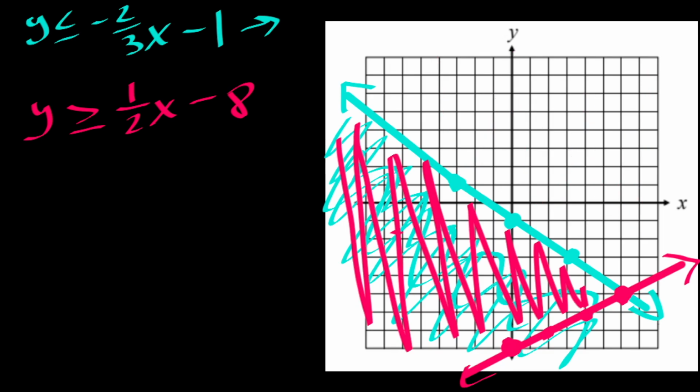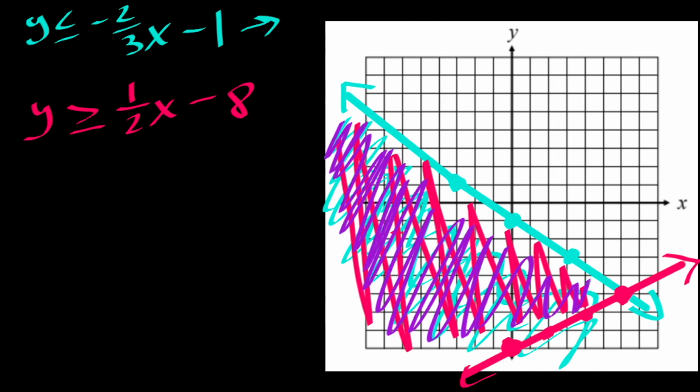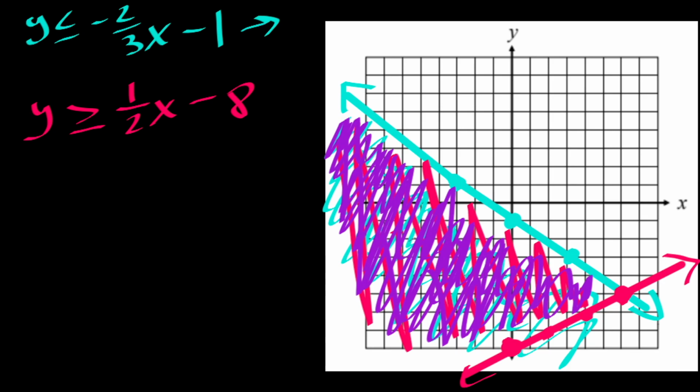So now our answer is wherever that shading overlaps. I'll even do it in purple just so you can see. All of my shading overlaps right here. You could use this method: shade lightly for both, and then shade really heavy for the solution.